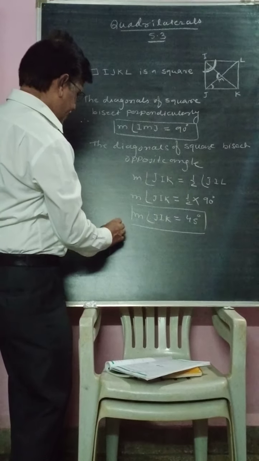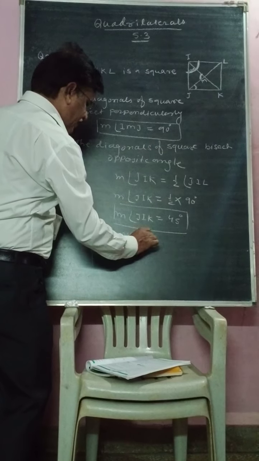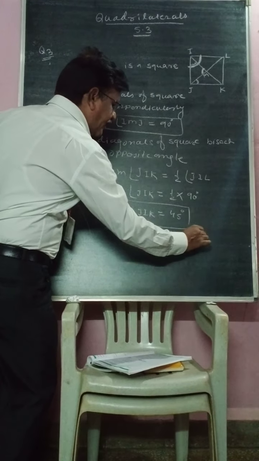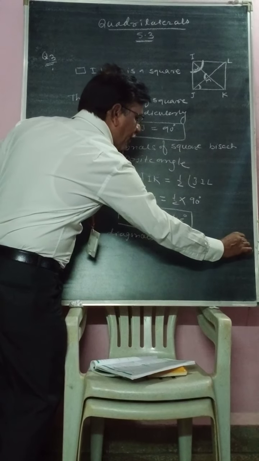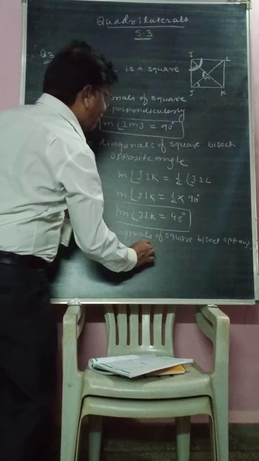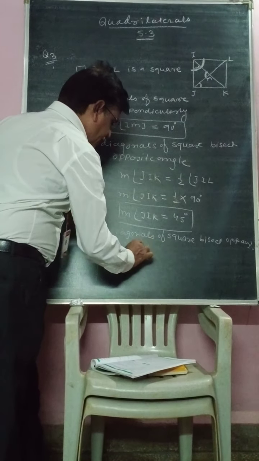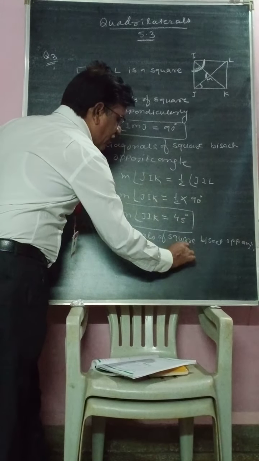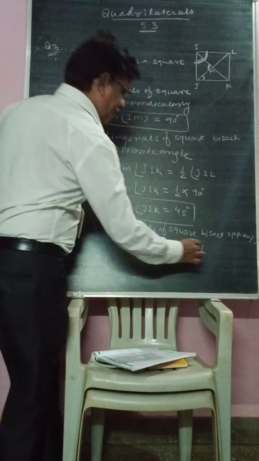This property: the diagonals of a square bisect opposite angles. Therefore you can say that the measure of angle LJK is equal to half of the measure of angle IJK.